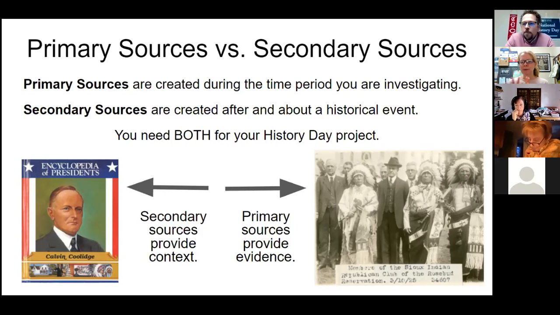So there are some gray areas, and oftentimes students have questions about those gray areas, especially as they are dividing their topics or their bibliography between primary sources and secondary sources.